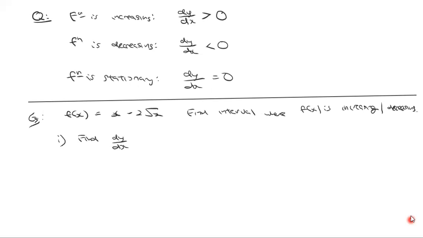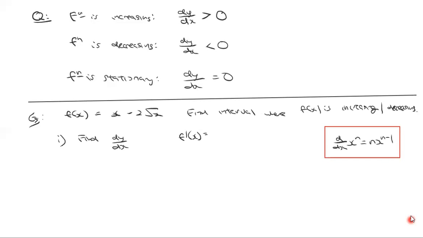Now, hopefully that won't be very difficult here. So f dash x, just use the rule: derivative of x to the n equals nx to the n minus 1. That's all you need to use for this one, pretty much.